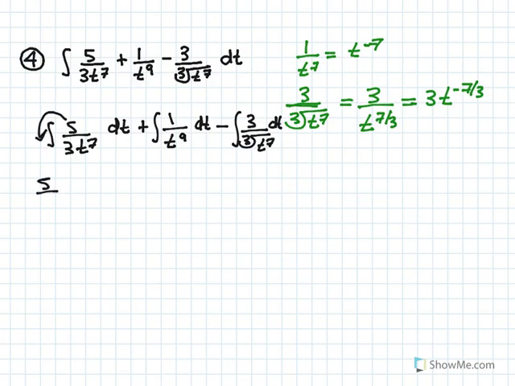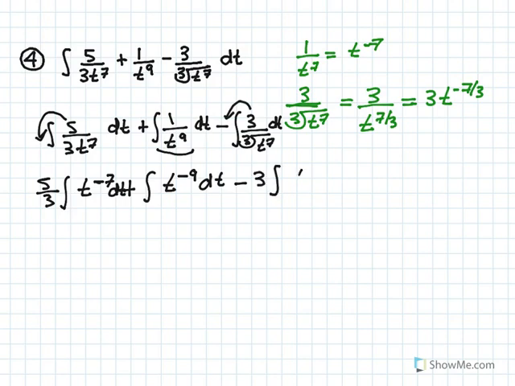That's 5/3 integral of t to the minus 7 plus the integral of t to the minus 9. We can rewrite 1 over t to the 9 as t to the minus 9. And let's not forget the dt here. Minus, the 3 passes through, and we get minus 3 integral of t to the negative 7/3 dt.